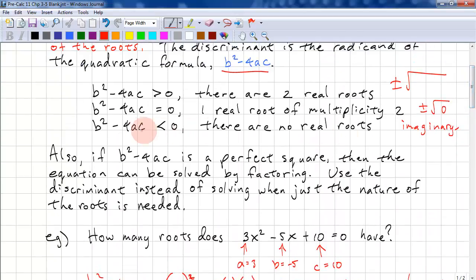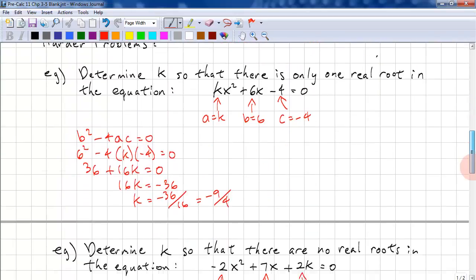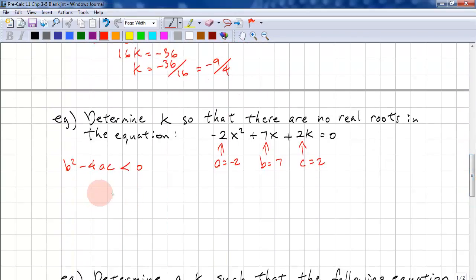Again, no real roots. Substitute our known values. 7 squared minus 4 times -2 times 2k is less than 0.